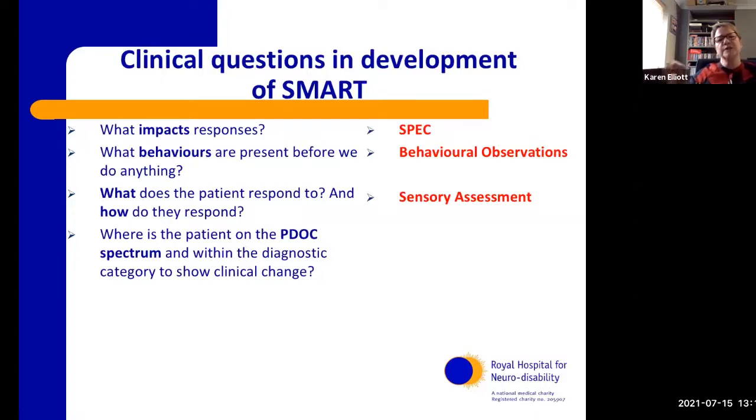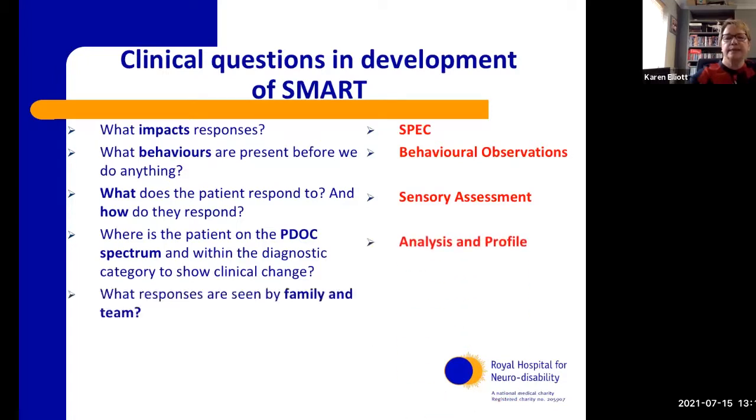Is that upwards? Is it stable? Or is it a deteriorating trajectory? We wanted to show that in the SMART. So in version 3, we've looked at how we use the diagnosis and the data in order to present it to show change. And I think that's much more useful for the stakeholders that are interested in the assessment.